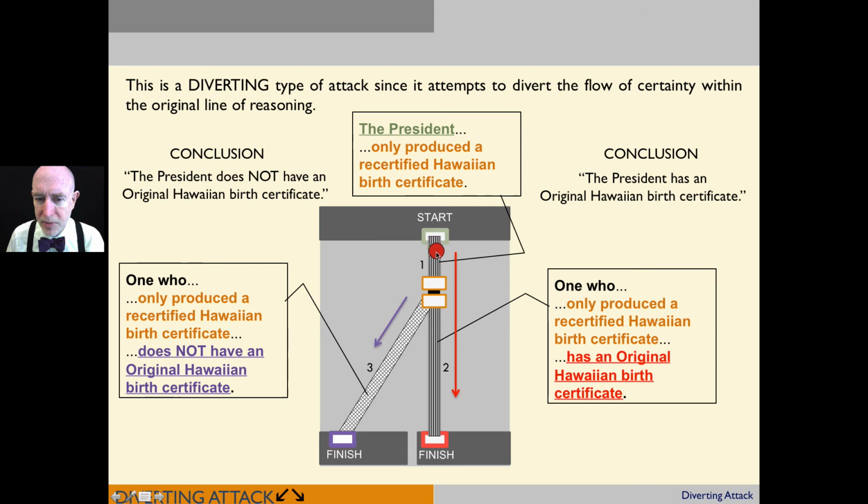So you can start with the same premise or same 2 or 3 premises, but at some point the opponent attempts to build premises that link to another conclusion, and hopefully they're thinking that, for example, premise 3 can bear more certainty than premise 2 in the eyes of the audience, and therefore they're more likely to be persuasive in arguing for their conclusion.